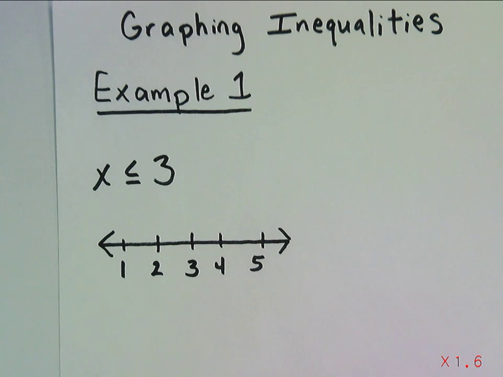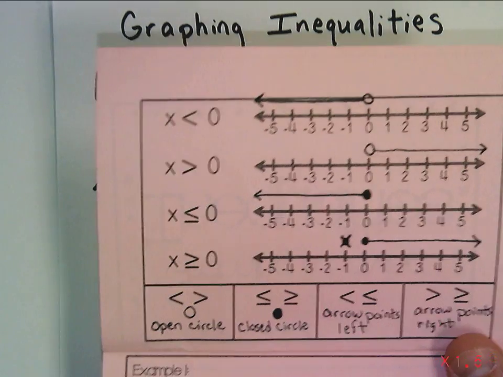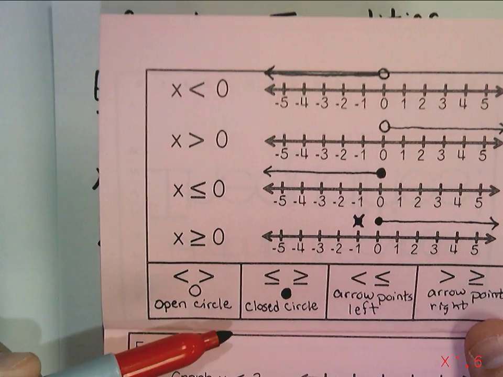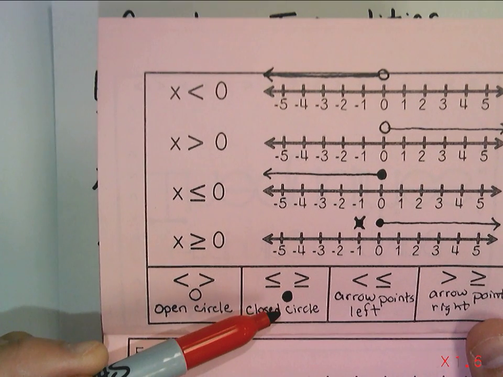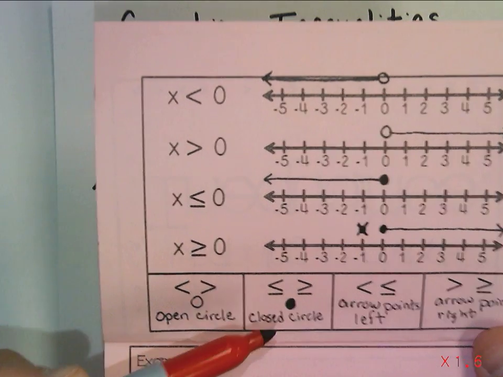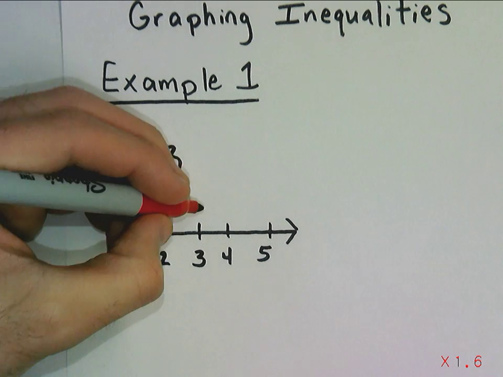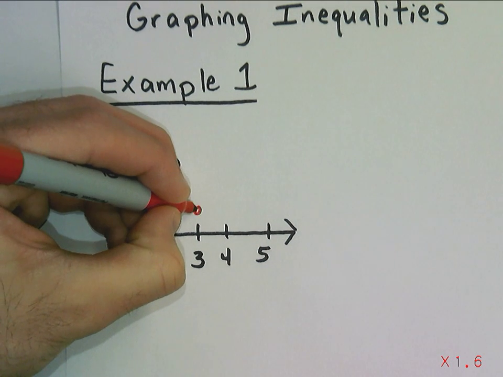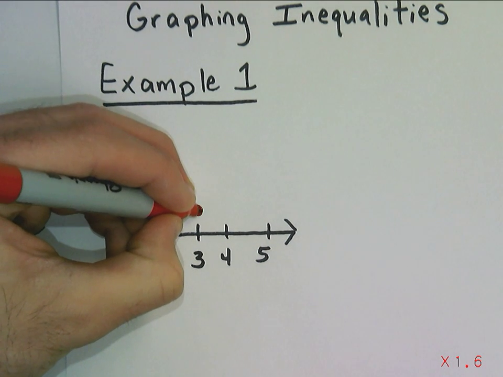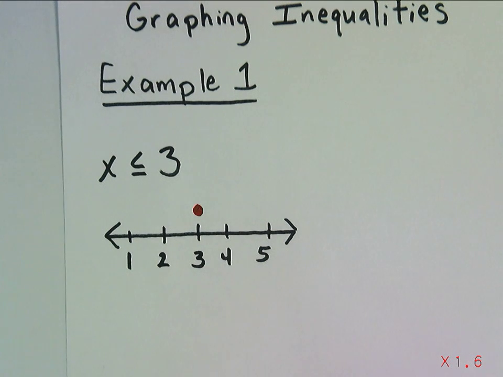So if I have x is less than or equal to 3, we have to think back to our foldable here. We have a less than or equal to symbol, so we're going to need a closed circle, and we'll need that closed circle at 3 because that's what we're looking at. So I'll draw it above, closed circle here, and it tells me that it's less than or equal to 3.